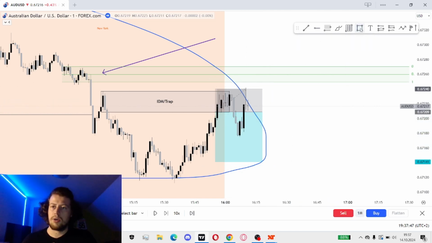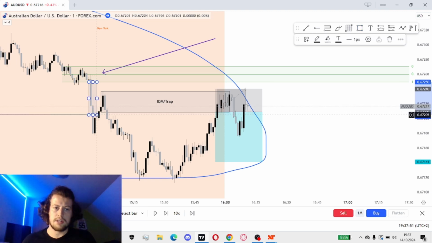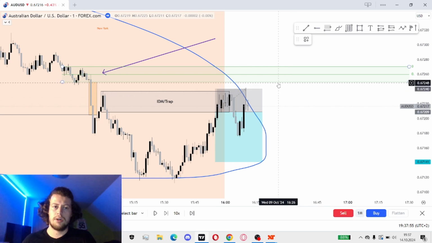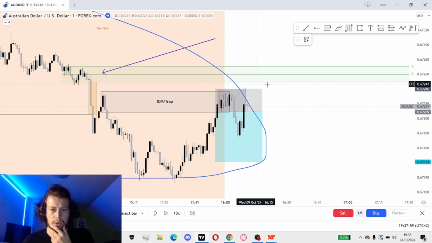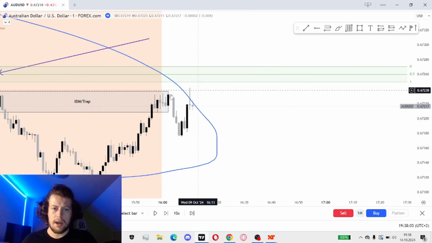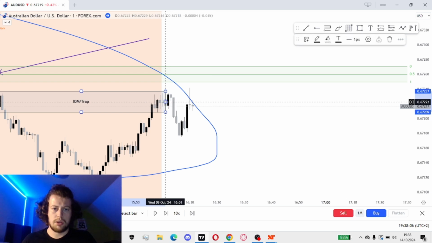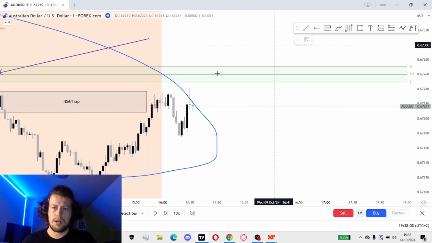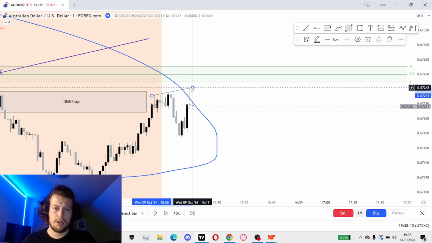Okay, also we have an imbalance, a clear, very nice imbalance. So the price will return and activate it. At the minimum it will go here. What do we have also here? I will just delete this so that you can see it. Is this liquidity?